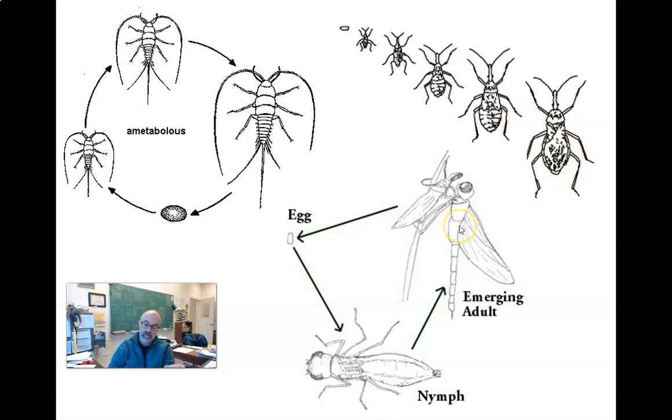And then the second type of hemimetabolous metamorphosis is here, where the adult is quite a bit different from the nymphal juvenile stage. In fact, this juvenile stage is aquatic and the adult is terrestrial. And so ecologically, there's quite a lot of difference too.